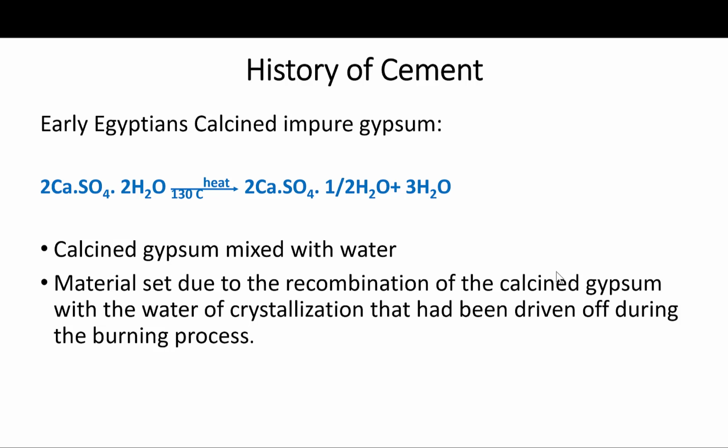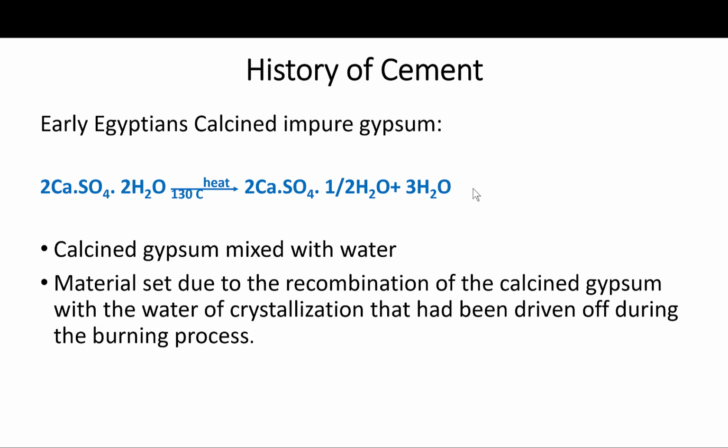As far back as the early Egyptians, 3000 BC, they calcined impure gypsum according to this equation you see here.